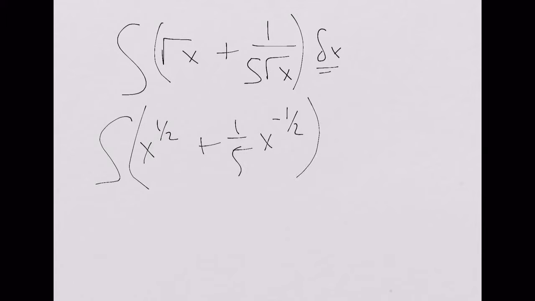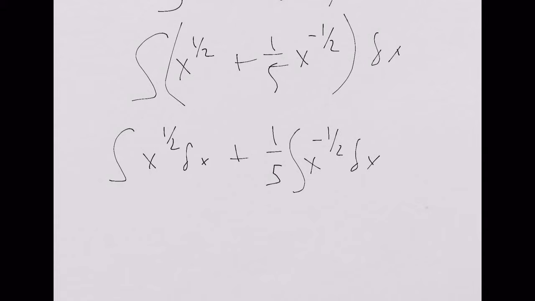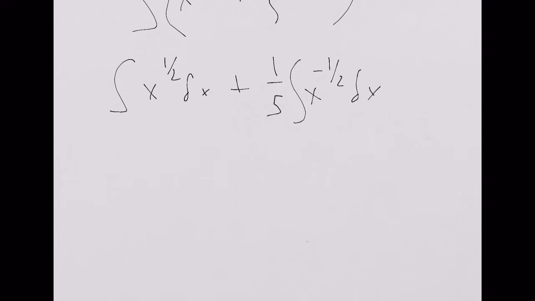One of the other basic integration rules we can use is the sum rule. I can break these two things up. I can say this is the integration of x to the 1/2 with respect to x, plus breaking this one out, and I'm going to go ahead and pull out that constant. So that's using the sum rule for integration.